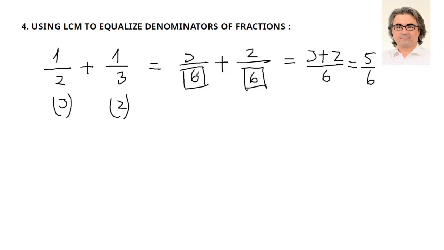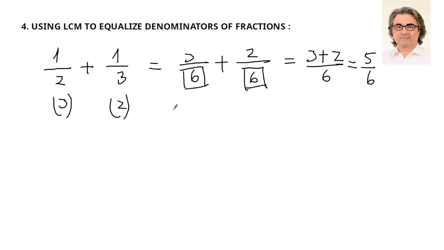Now, here the number 6 is the common denominator. And what is the meaning of 6? 6 is the number which is divisible by 2 and 3 at the same time. And 6 is the smallest number. So, yes.